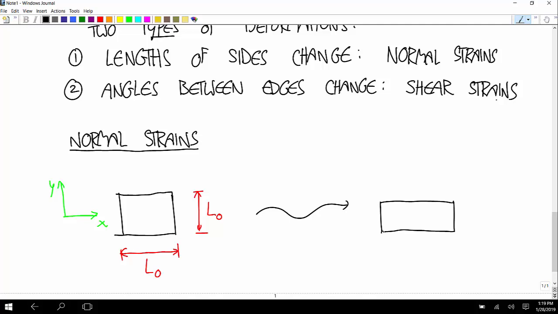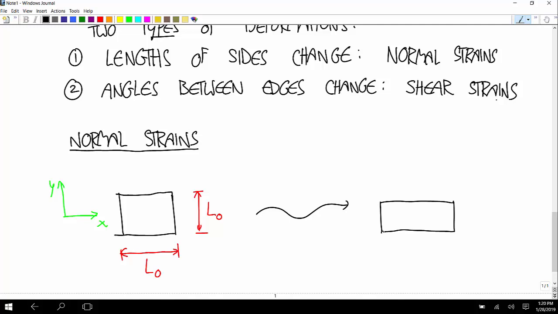Yes? What I'm doing right now isn't a free body diagram, so I would do those separately. I'm just trying to make it clear visually that what we have is a sheet that starts out as a square.